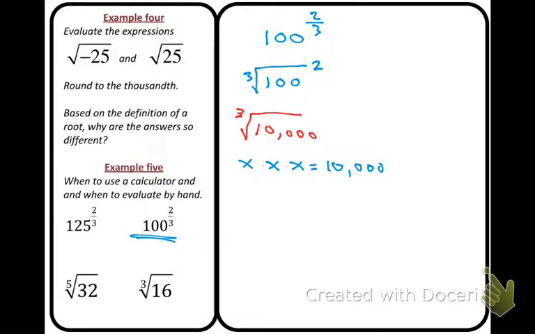The only reasonable answer we could use would be 10 times 10 times 10. We could try that out again, but that's 100, and 100 times 10 is going to be 1,000. It's not possible to make it. So when we do 100 to the 2/3 power, that's going to be a decimal number, and you're going to need a calculator.